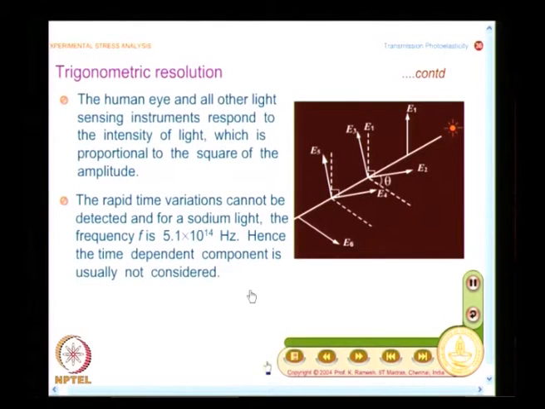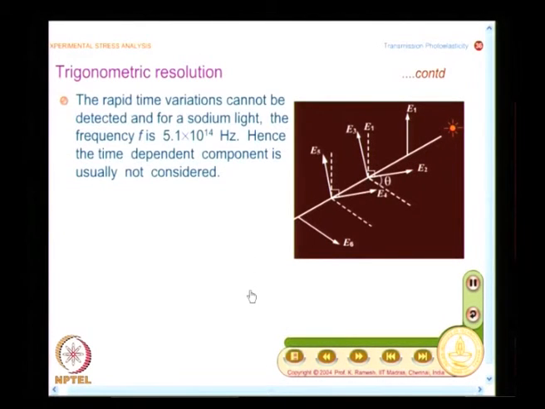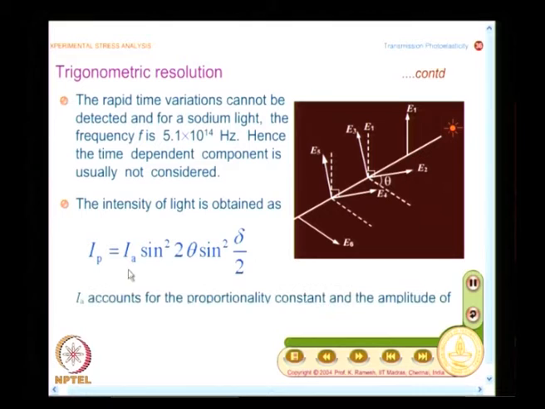I am not going to do the complete derivation. I am going to give you the final result, which you can have a look at, and you can go back and do this as your homework. I label this as IP, where the P denotes it is a plane polariscope, and I get the final expression as IA sin square 2 theta sin square delta by 2.